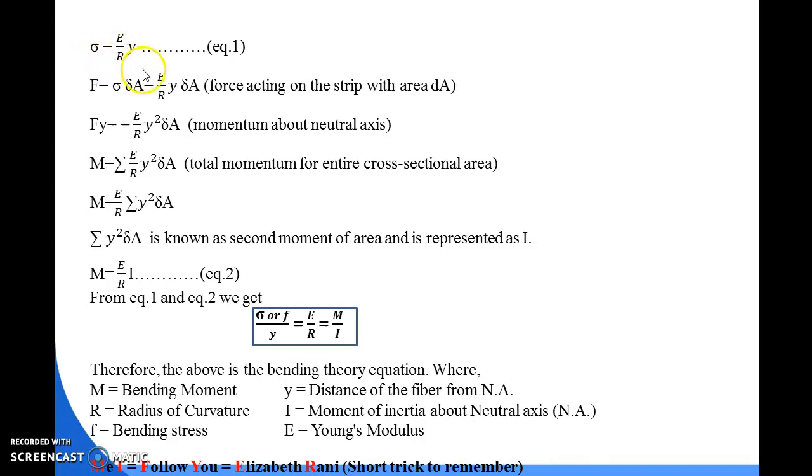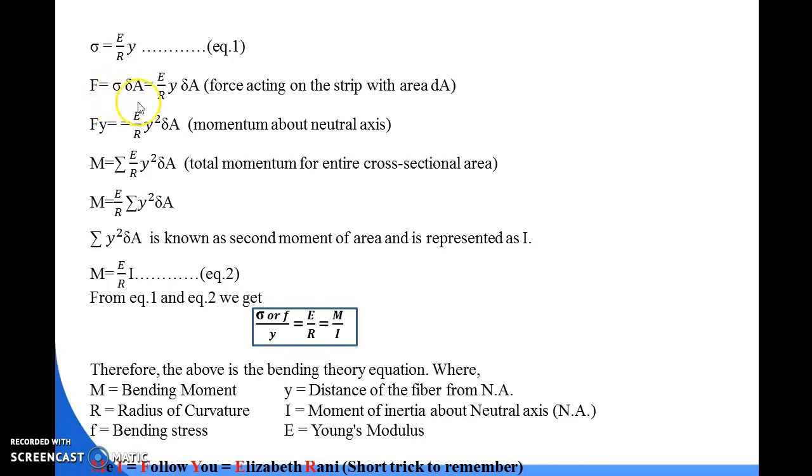Delta A is the small elementary sectional area of the section AB. So we can write force equal to stress into area.